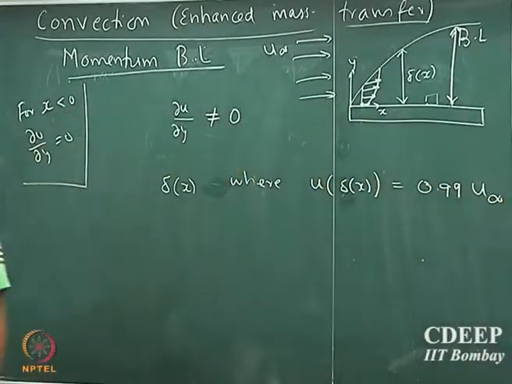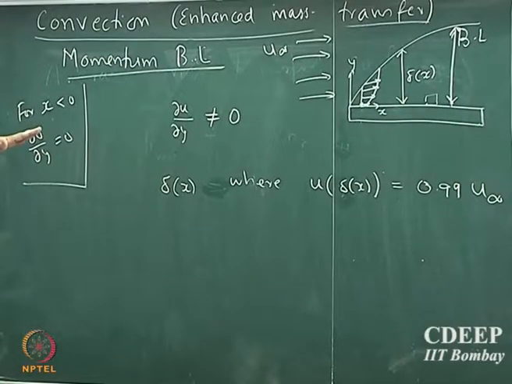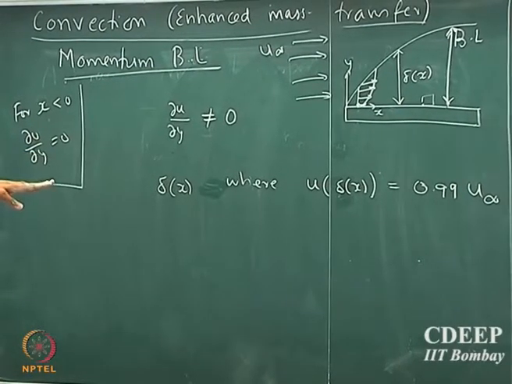So that's the 99% of energy transport already accounted for. That's what is called the boundary layer thickness.